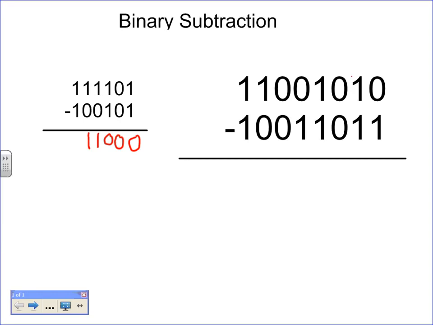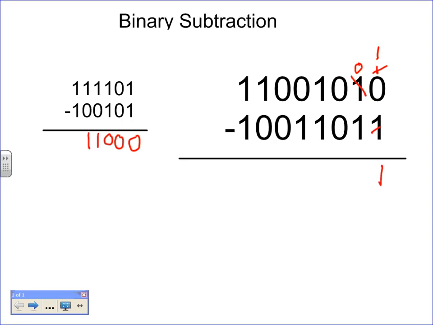So for me to borrow, I have to cross this one out and make it a 0. But when I bring over that 1 into the column to the right of it, it becomes 2 1s. So it's just the opposite of what you did when you were adding. So now I have 2 1s, one of which will be subtracted. So this one here will be subtracted from this one here, and we would have a 1 left over.